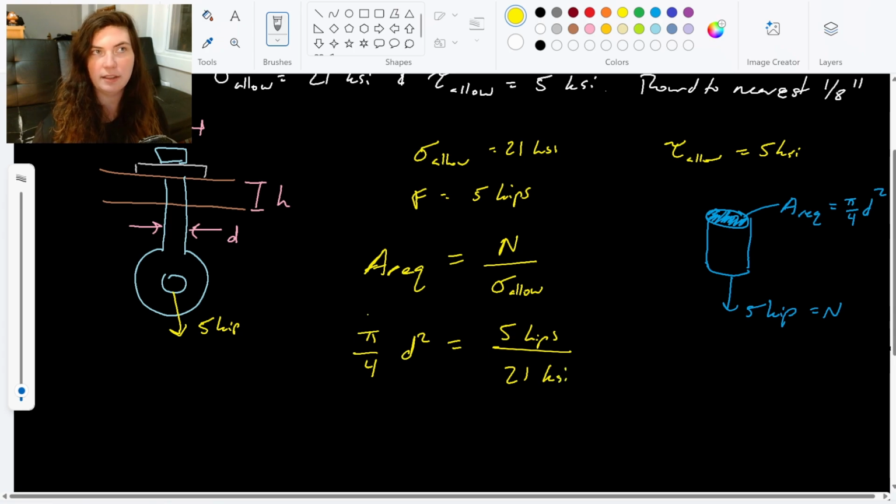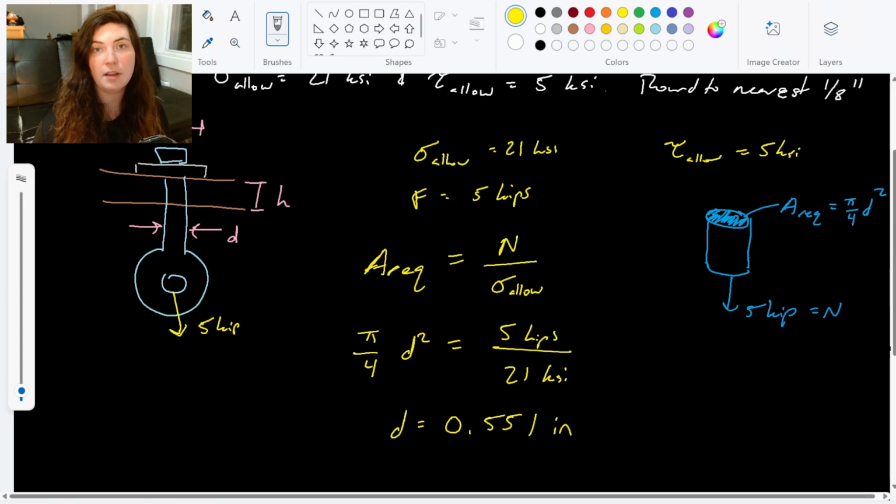When I divide this out, I get square inches, and take a square root. Moving the pi over 4 term over, taking the square root, and punching it into my calculator, I get 0.551 inches, straight from the calculator.